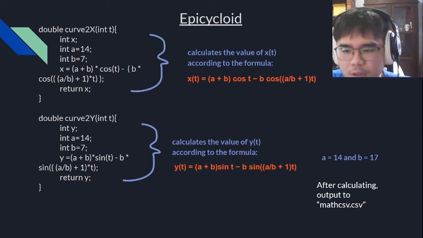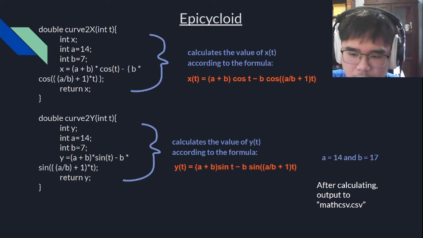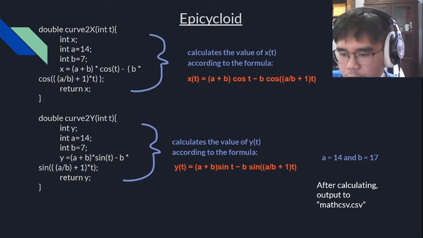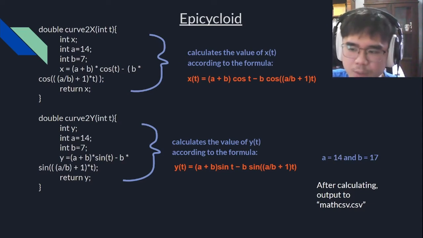It calculates the value of y according to the formula y equals a plus b times sin t minus b sin of a divided by b plus 1 times t. And in this part, a is equal to 14 and b is equal to 17.